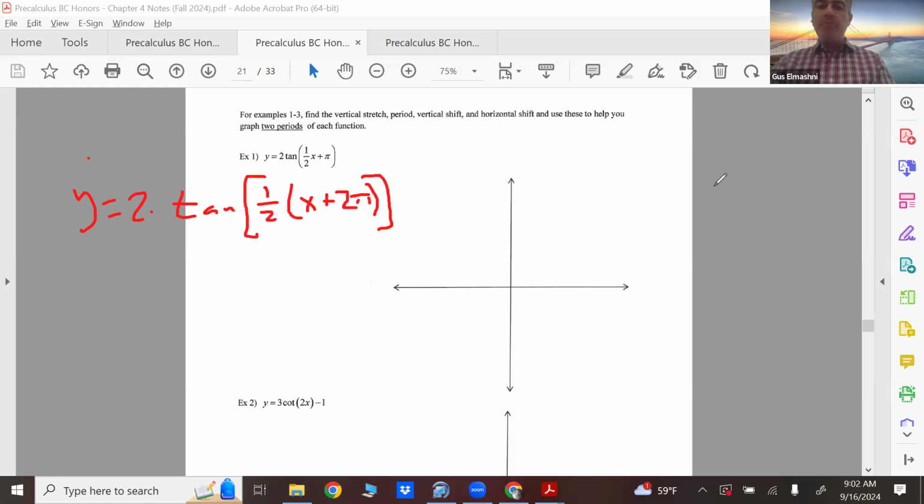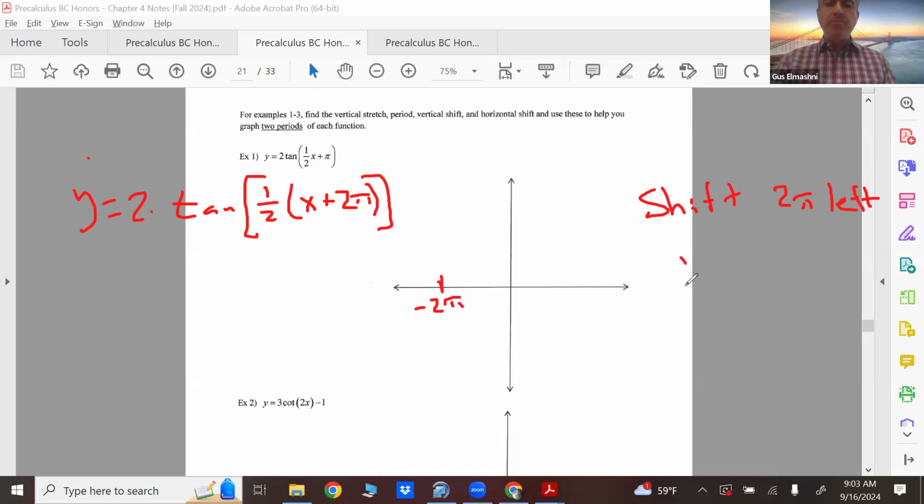So we're gonna shift the graph two pi left. Because if you think about it, what if I plug in negative 2 pi right now? What do you get on the inside? And what's tangent of 0? Right. So that's where we'll be.